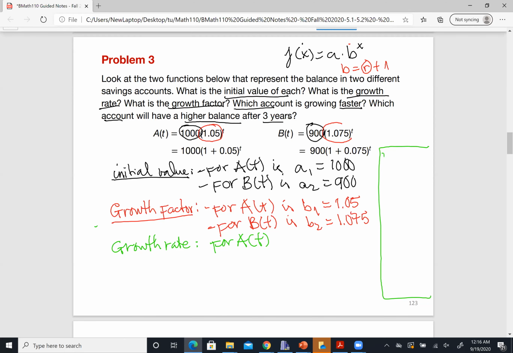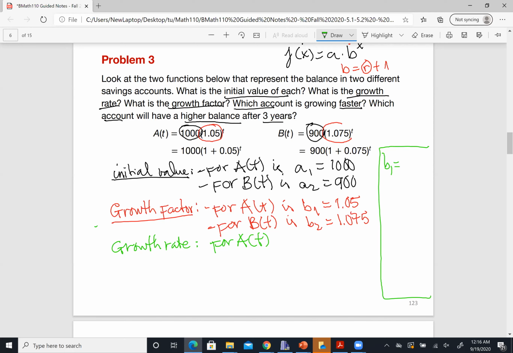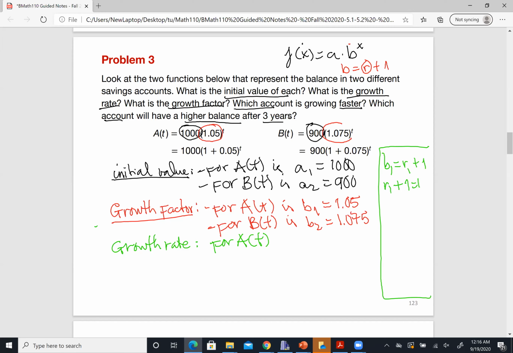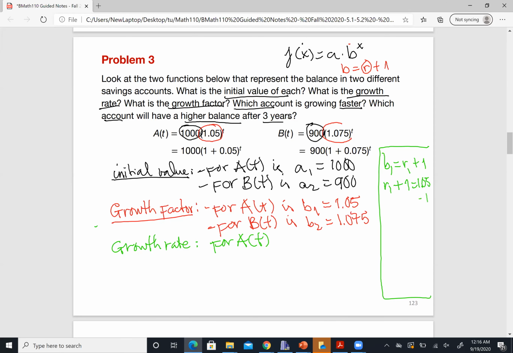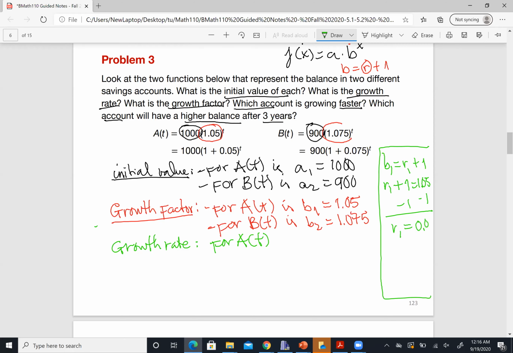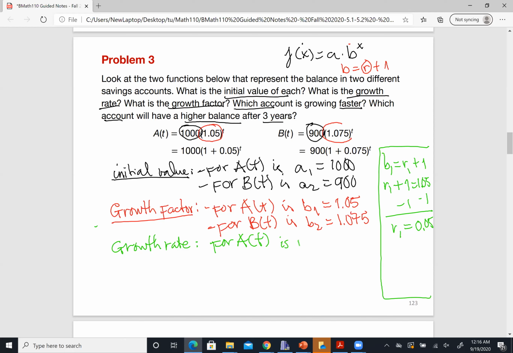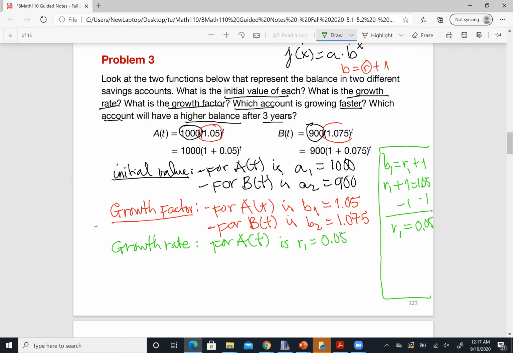For b1 equal to r1 plus 1, it's going to be r1 plus 1 equal to 1.05, right? Okay, now you subtract 1 from both sides. You have r1 equal to 0.05. Okay, so I have r1 equal to 0.05.